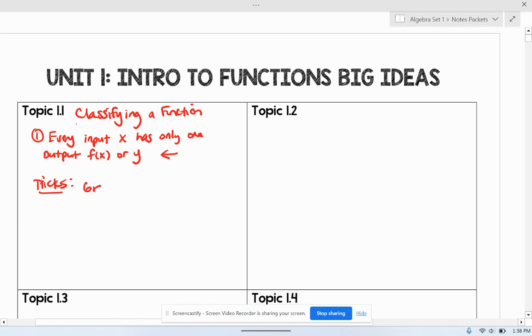So we have the graph test, the vertical line test. And this is where you can't touch f of x more than once.